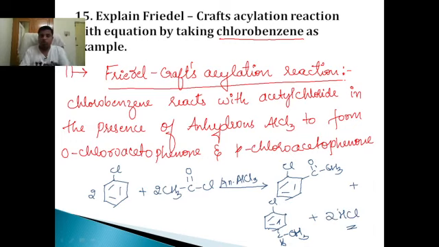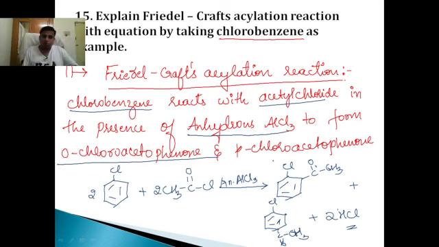Orthochloroacetophenone and parachloroacetophenone. That's correct. Chlorobenzene reacts with acetyl chloride in the presence of anhydrous aluminum chloride to form orthochloroacetophenone and parachloroacetophenone. Please write the reactions properly. That's good. Now let us go to the next question.